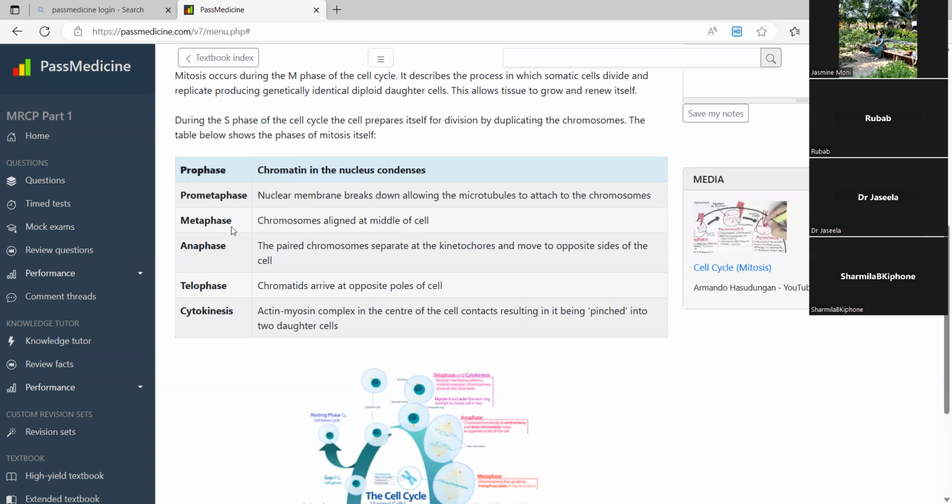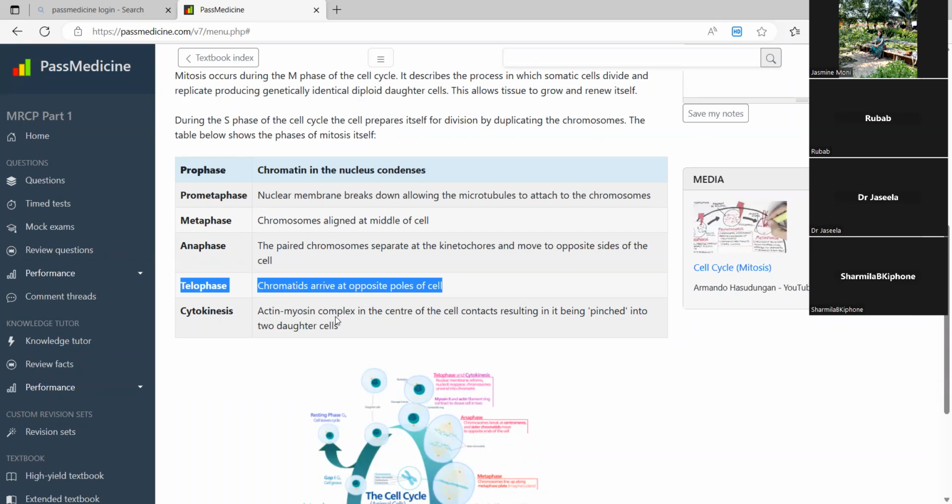So here the cell is aligned in the middle, and in anaphase the paired chromosomes start to separate. In telophase, the chromatids arrive at opposite poles of the cell. You can memorize telophase like a tunnel: it is pulling all the chromatin to the peripheral part of the cell, and in the middle the cell starts to divide.